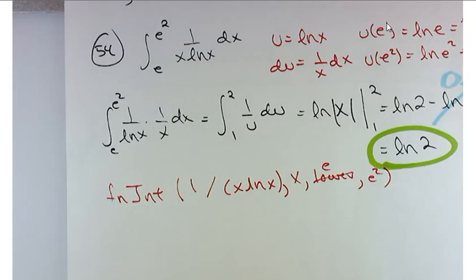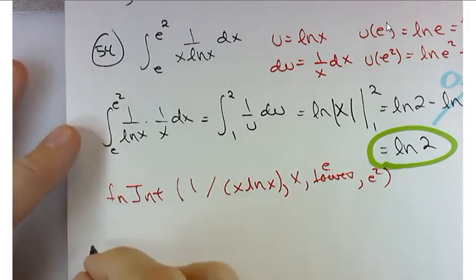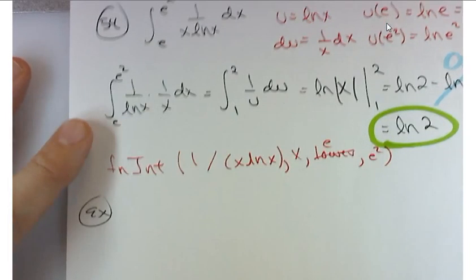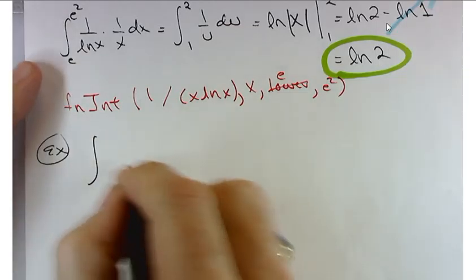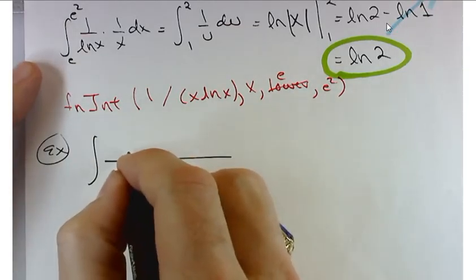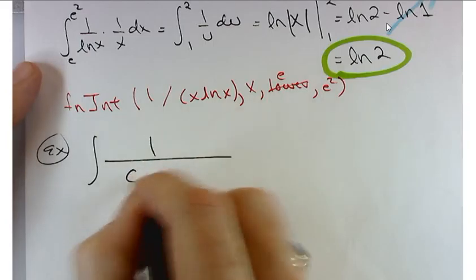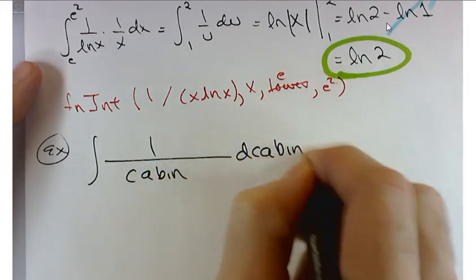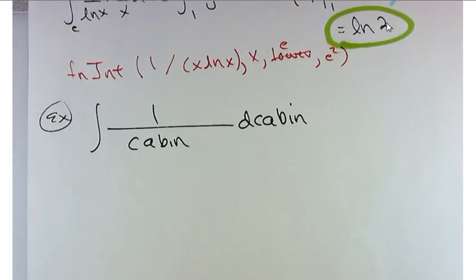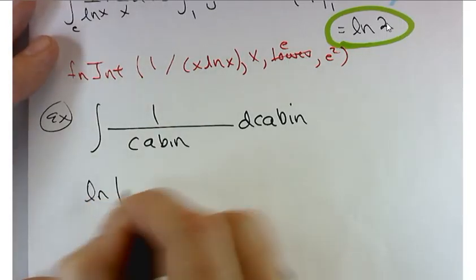Okay. So I think it's time to build a houseboat. So you can take kind of a rest for a second. To build a houseboat, what we're going to do is integrate 1 over cabin d cabin. There we go. Well, we've done enough U-substitutions, you can kind of see what's coming. We get the ln of this.